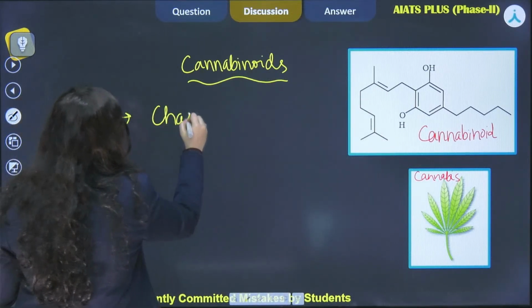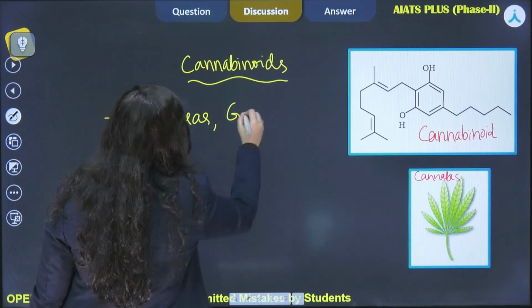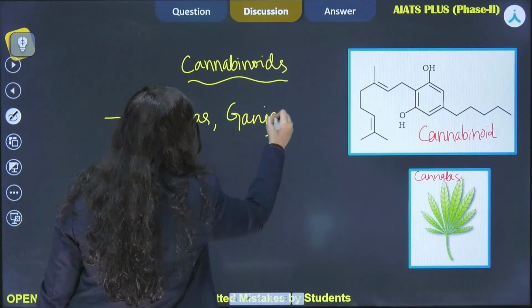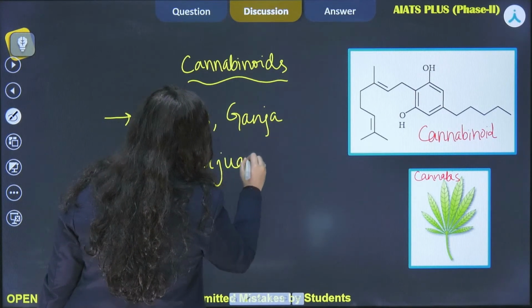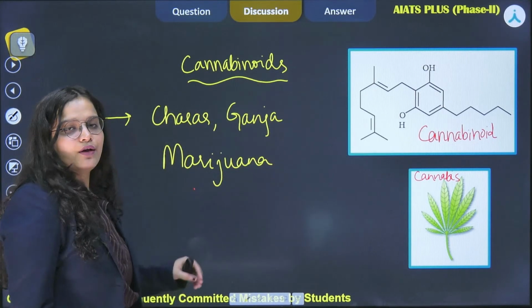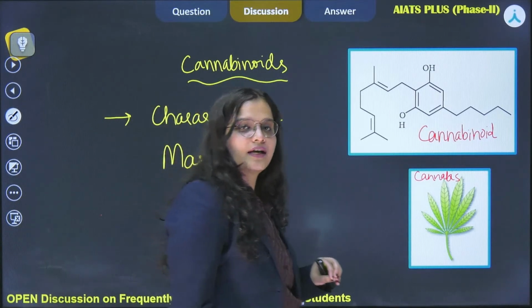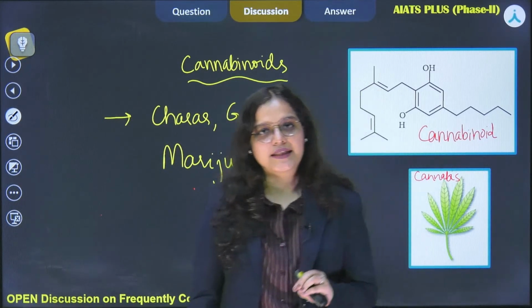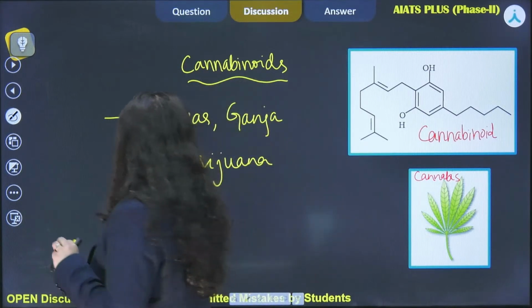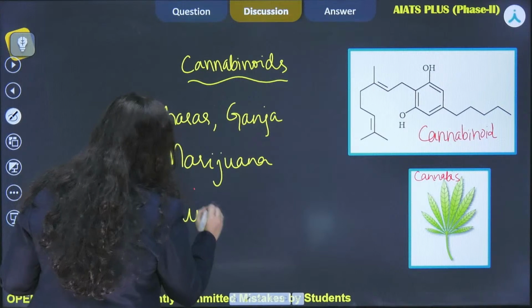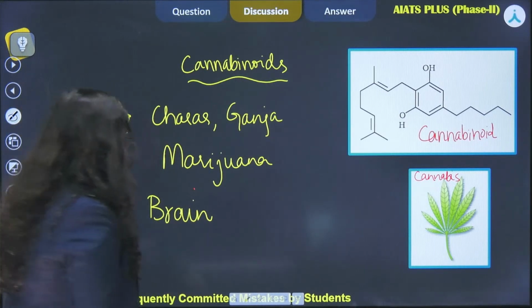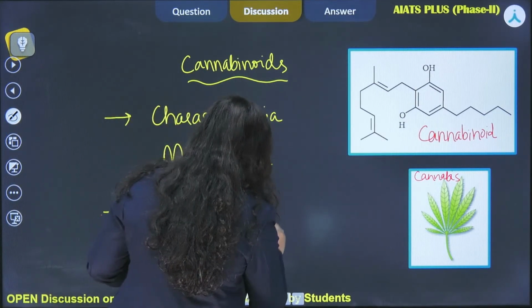charas, ganja, marijuana, etc. And all these drugs affect our brain as well as the cardiovascular system. It is important that we know that these drugs are affecting our brain as well as the cardiovascular system.